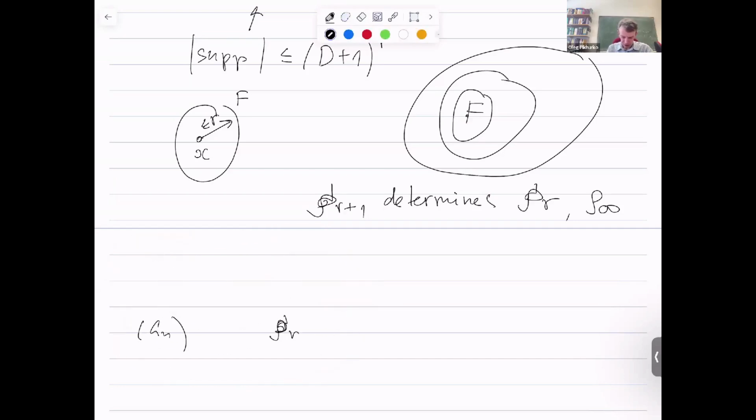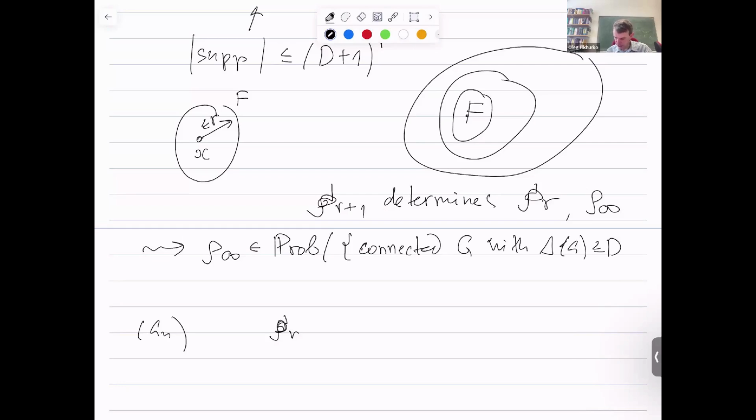So if I have a convergence, I can define rho infinity, which will be a probability measure on countable, connected, possibly infinite graphs G, again with maximum degree at most D everywhere.